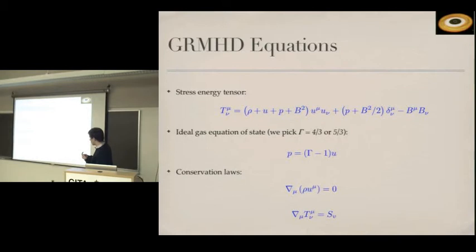We connect the internal energy and pressure of the gas with an equation of state, which is an ideal gas. This gamma can be 4/3 or 5/3. Having done both, I can say it doesn't really change any of the results. And then the code just solves conservation of rest mass and conservation of energy and angular momentum. And this thing on the right-hand side is that cooling term that I described in the previous slide.